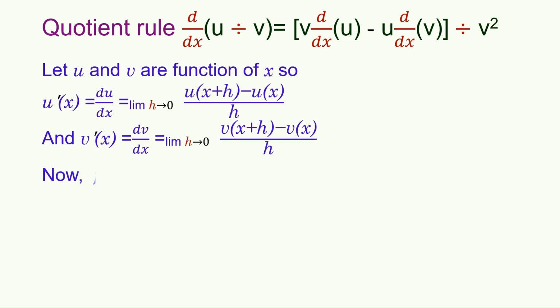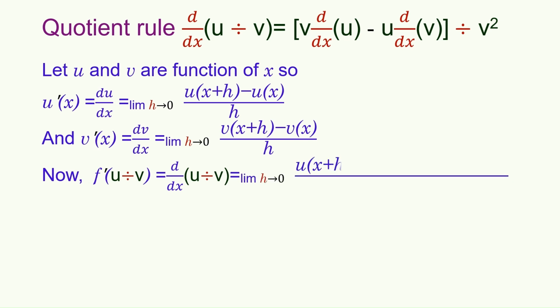Now, d/dx of u divided by v equals limit h tends to 0 of [u(x+h) divided by v(x+h) minus u(x) divided by v(x)] divided by h.